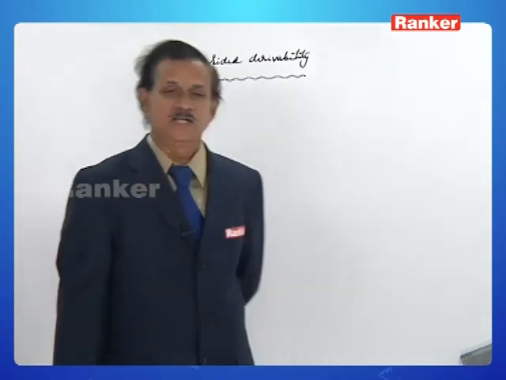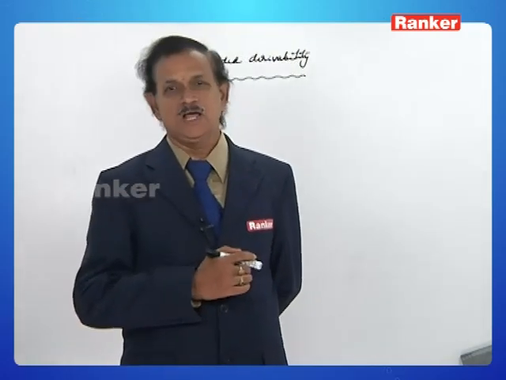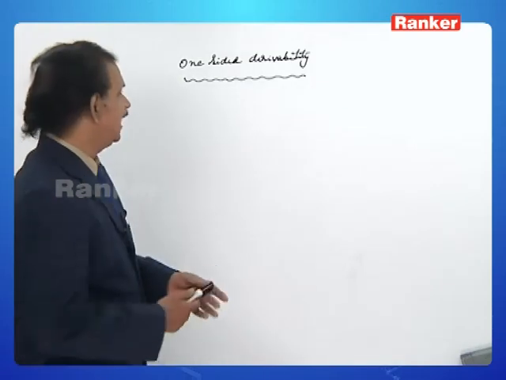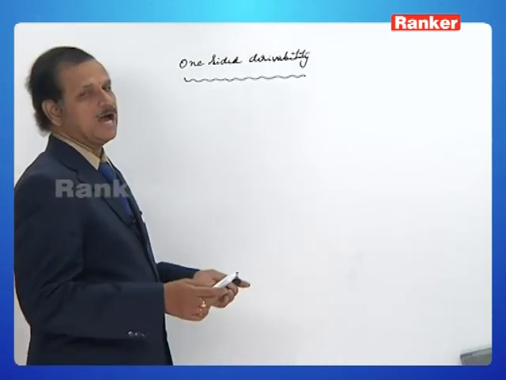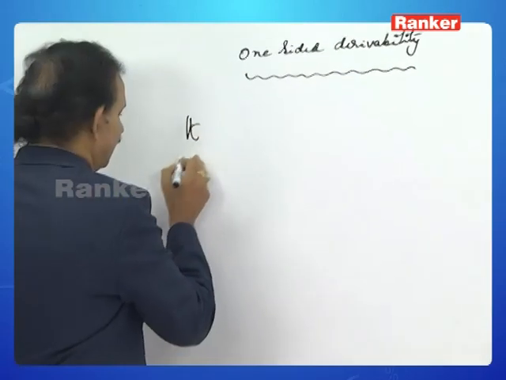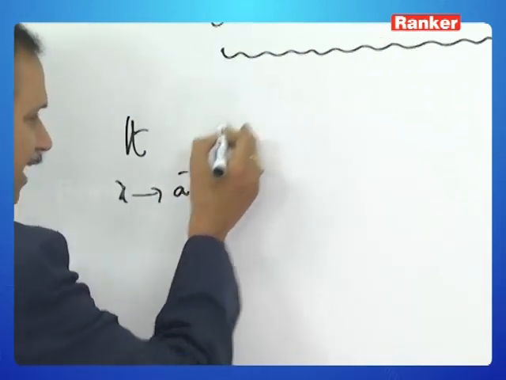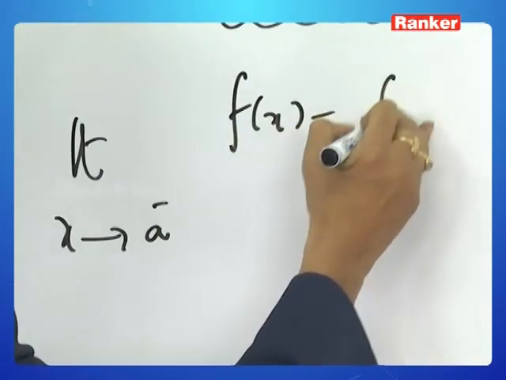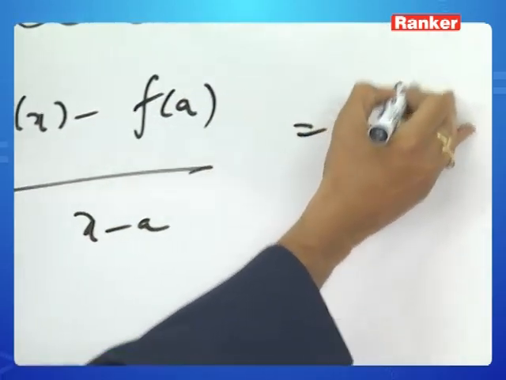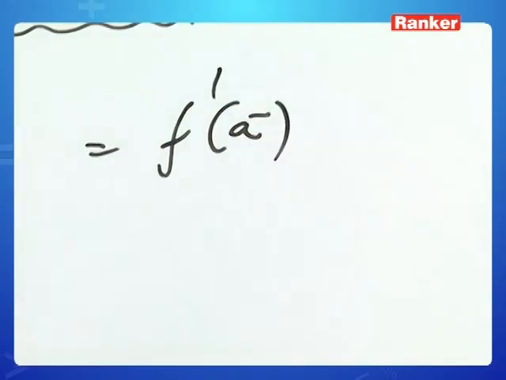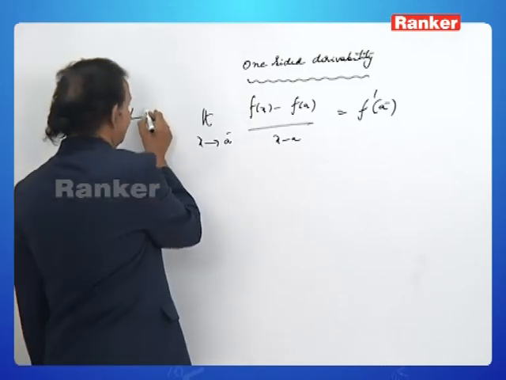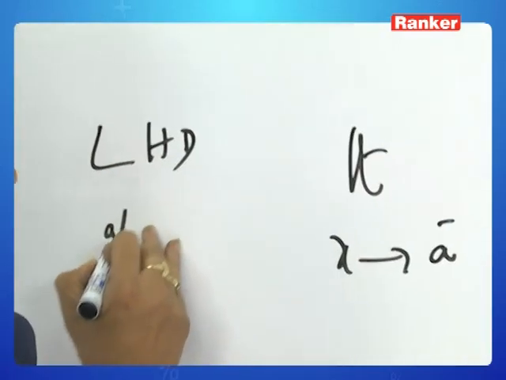As it is a limit, it is provided with both a left hand limit and a right hand limit, and those limits are of course termed as the left hand derivative and right hand derivative, and it is more precise to say that limit as x tends to a from left of f of x minus f of a by x minus a is denoted by f dash a from left. And this is called the left hand derivative, LHD at a.